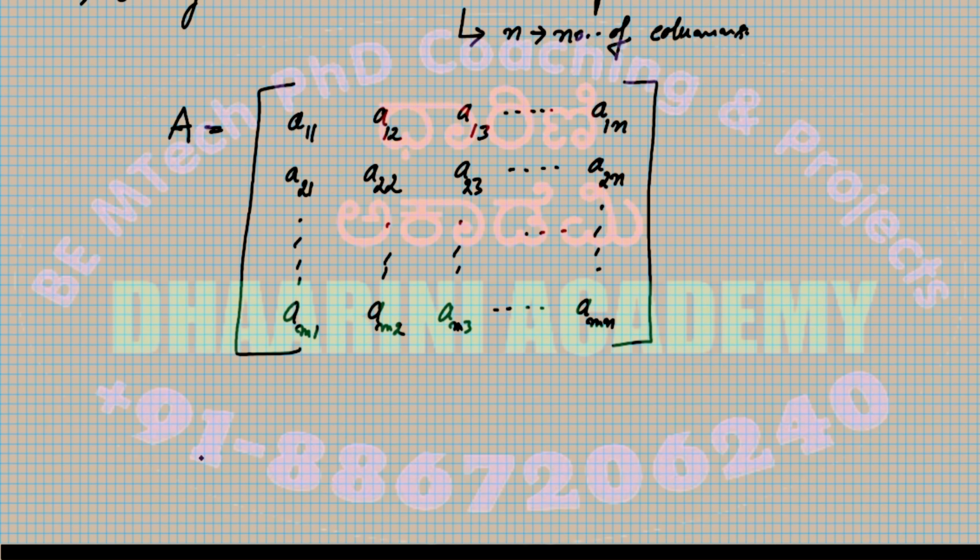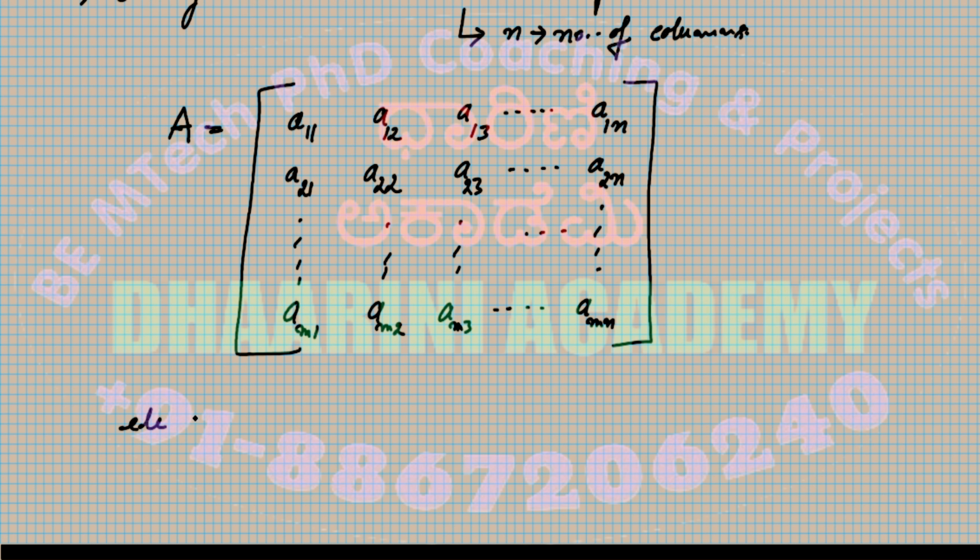So the general way of representation of any element in a matrix: an element of the matrix is denoted as Aij, where 1 is less than or equal to i, less than or equal to m.